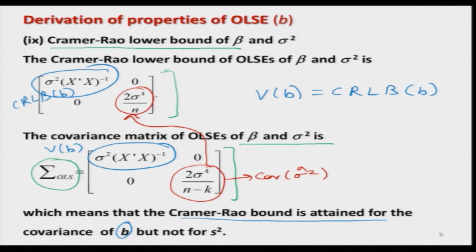So, you can see that the covariance matrix of sigma square hat is not equal to the Cramer-Rao lower bound of sigma square hat. So, S square does not attain the Cramer-Rao lower bound.